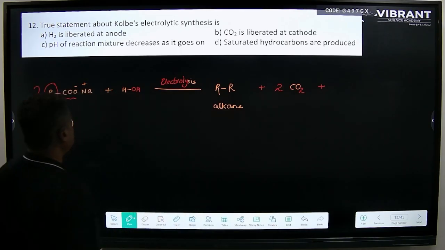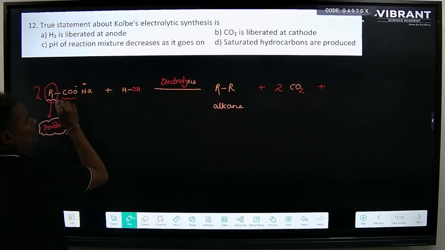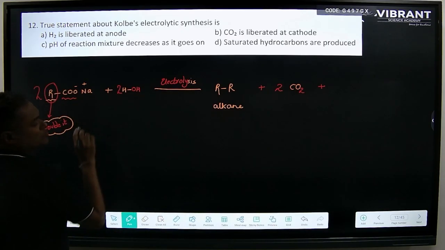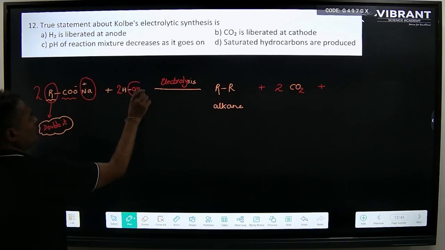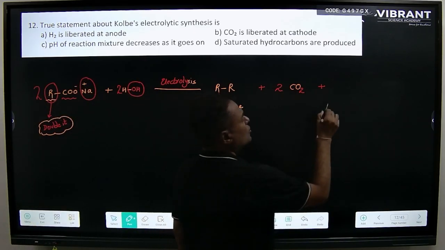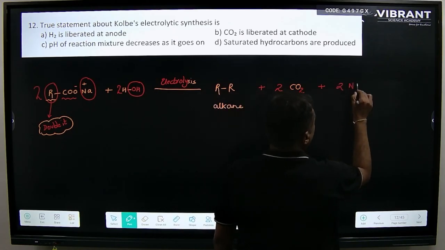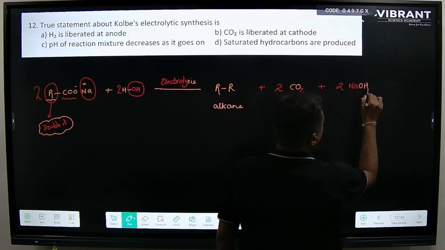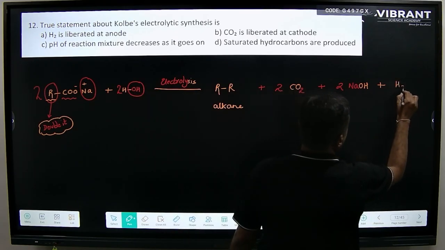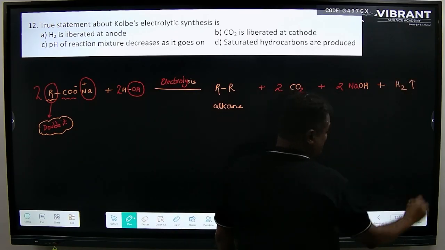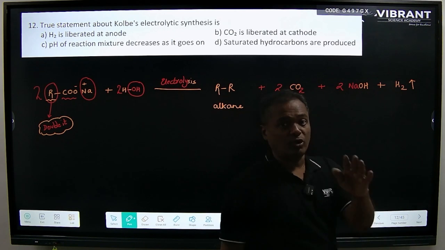Since you have used 2 molecules, even water will be used too. Your sodium will go with 2 hydroxy groups. Will I get nothing but 2 moles of NaOH formed, and along with that 2 H will be left out. Can I call that hydrogen gas is also given out? Now, this is the general Kolbe reaction.